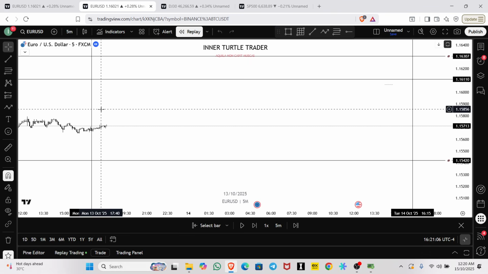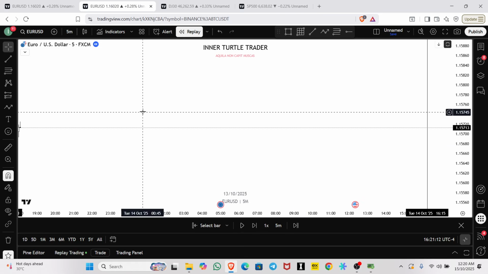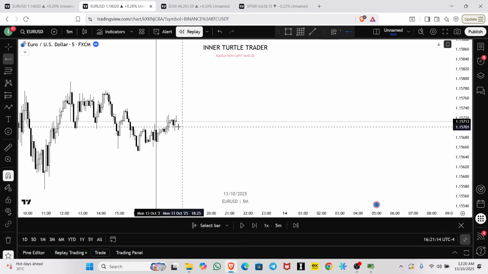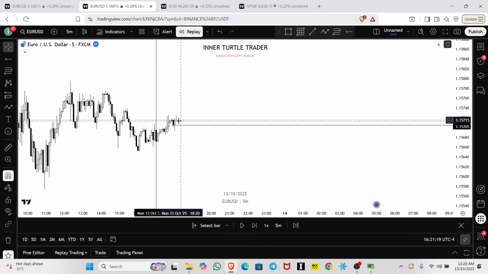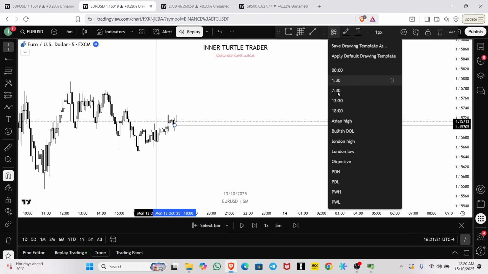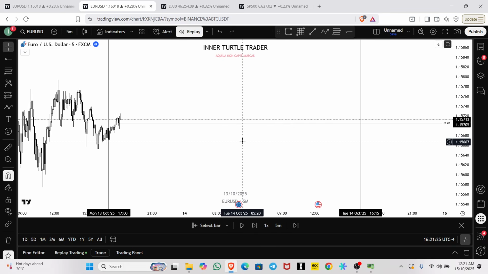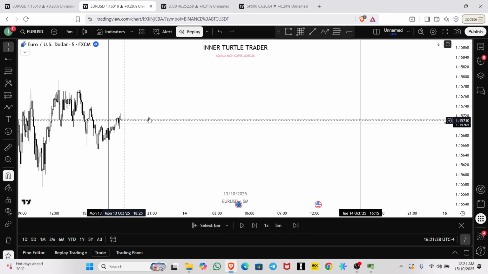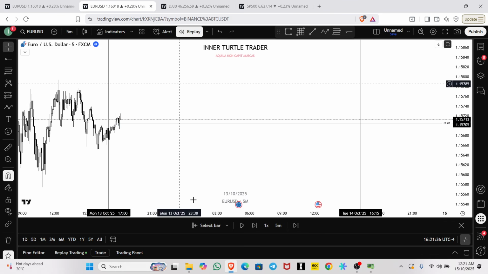What I do is mark out the 5 p.m. and 6 p.m. openings, but usually I just take 6 p.m. This is the 6 p.m. opening price, I'll mark this out. This is my reference for the whole day. This becomes the magnet for the whole day. If I have to be a buyer, I look for anything below it. If I have to be a seller, I look for anything above it.